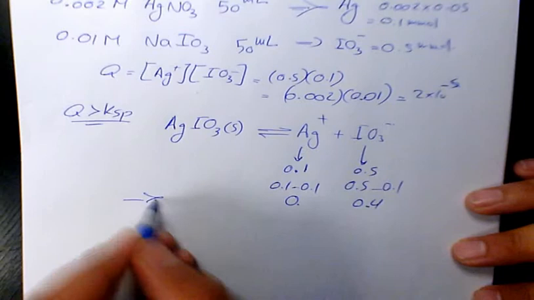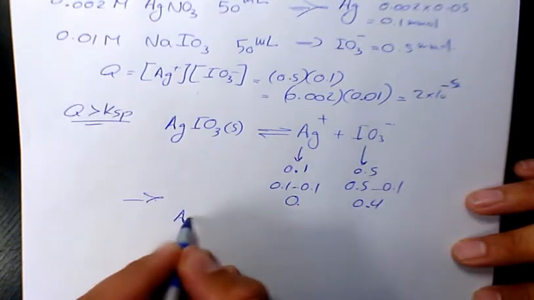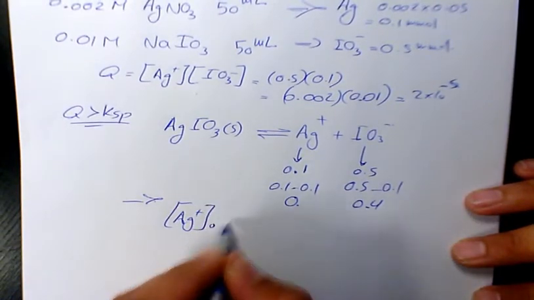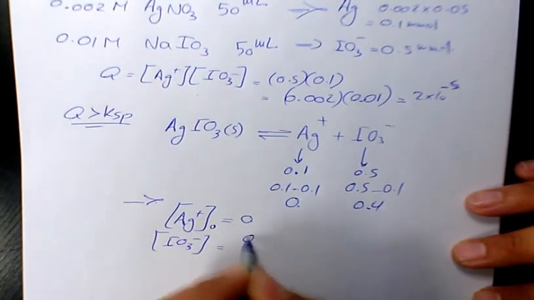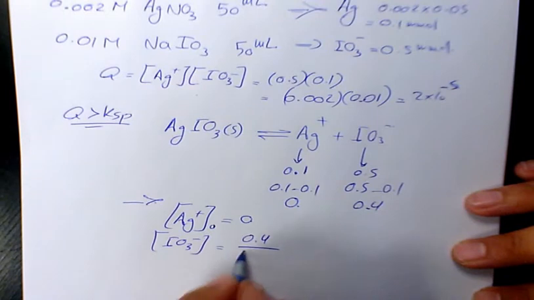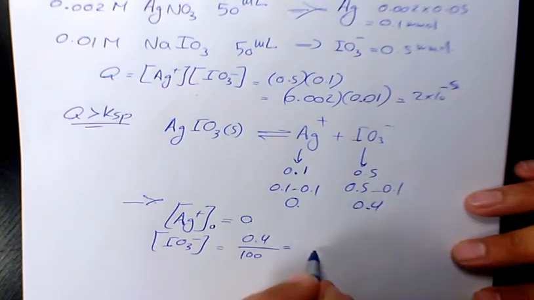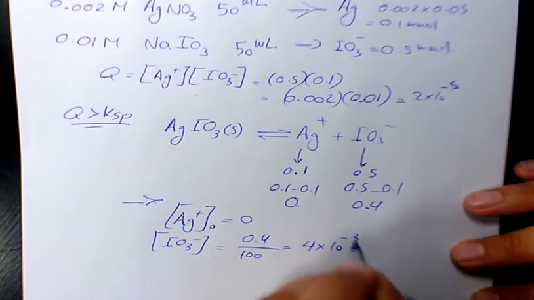So now we have initially 0 nitrate, and we have 0.4 divided by 100 ml, which is 4 times 10 to the power of negative 3.